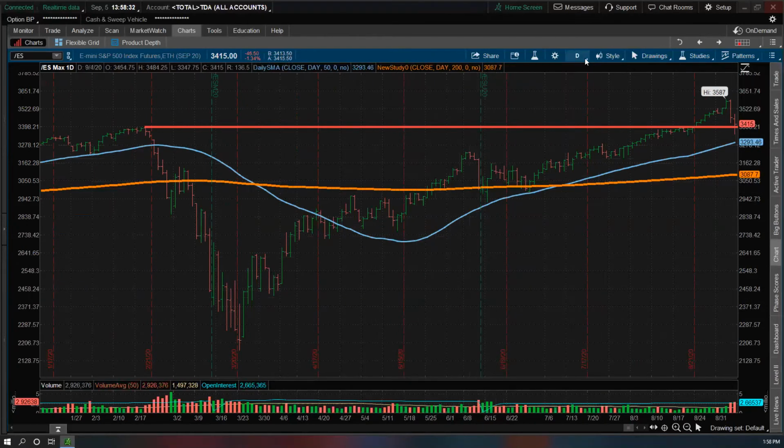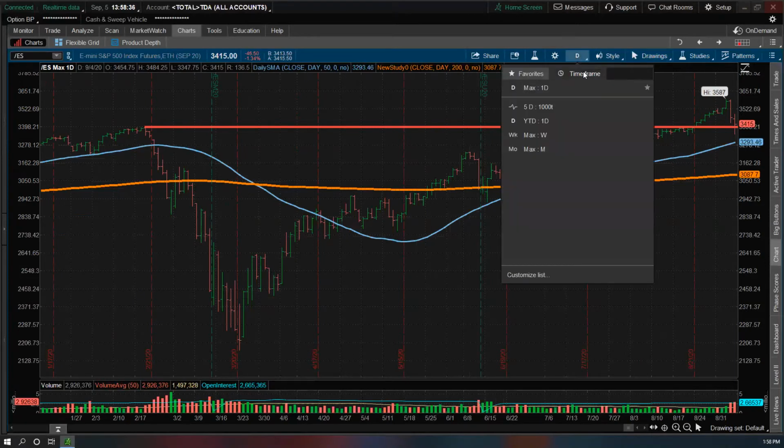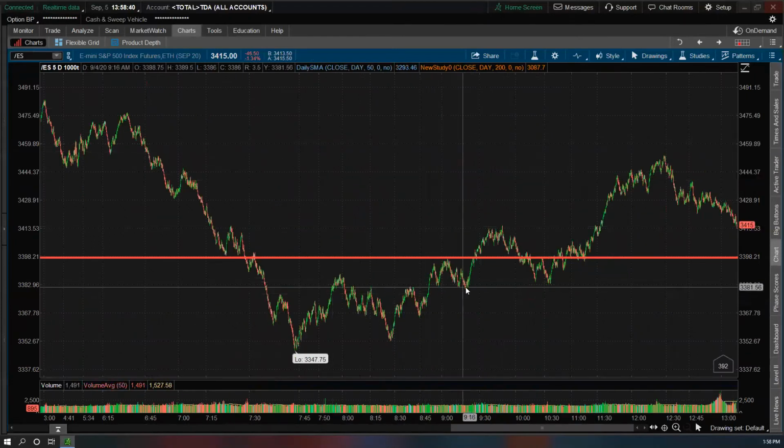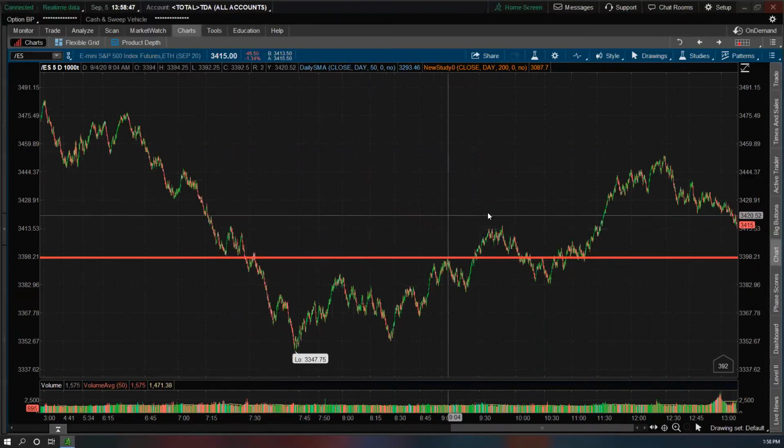And then you can also hop into one of the things that I like about TD that's easy, the tick bar chart. And ticks are just groups of trades. Rather than looking at it over a time period, it's over a certain amount of trades.